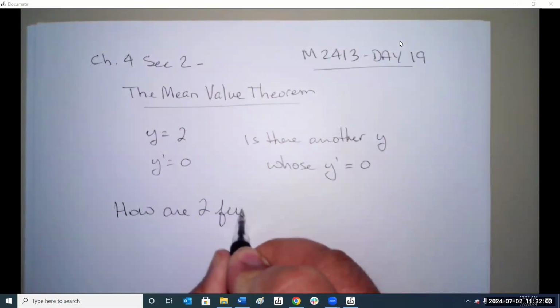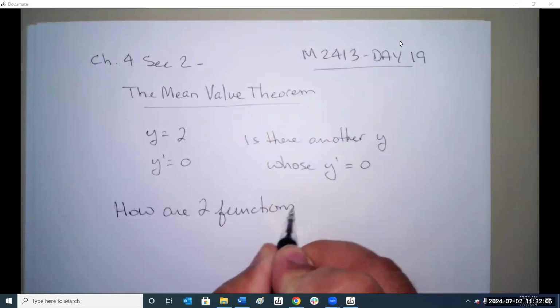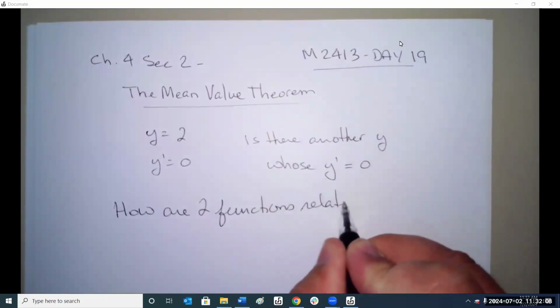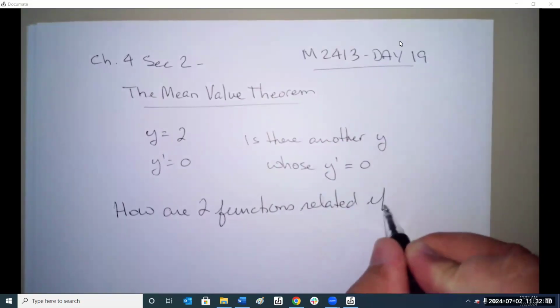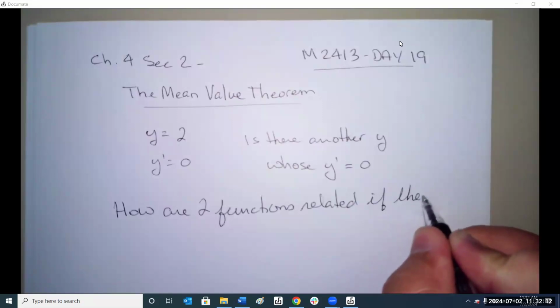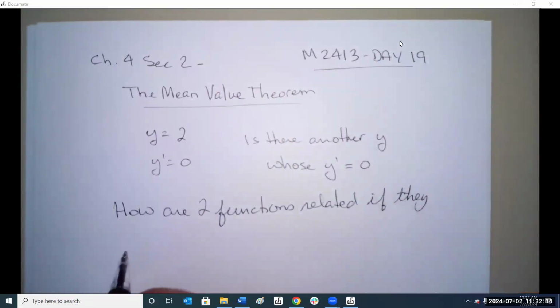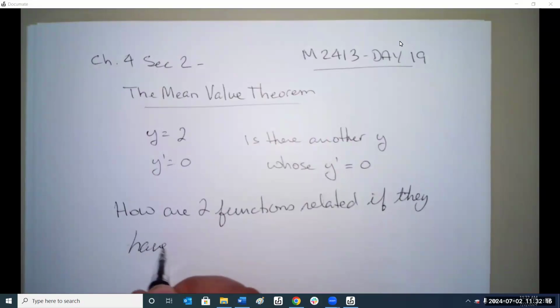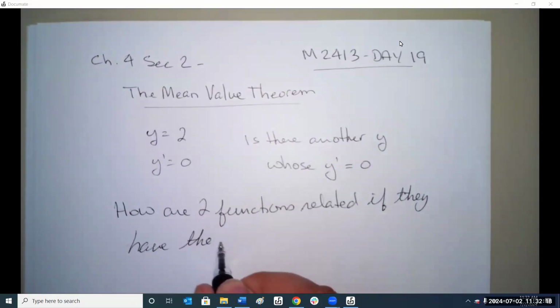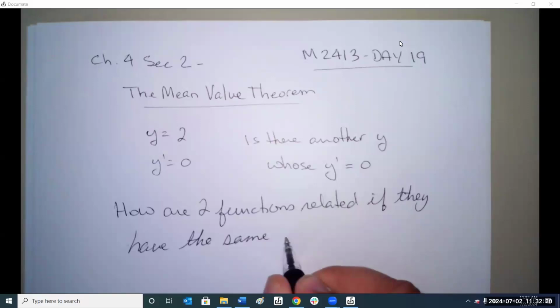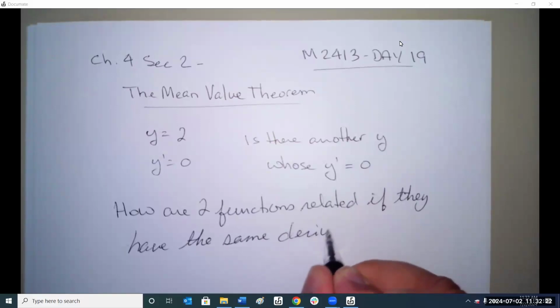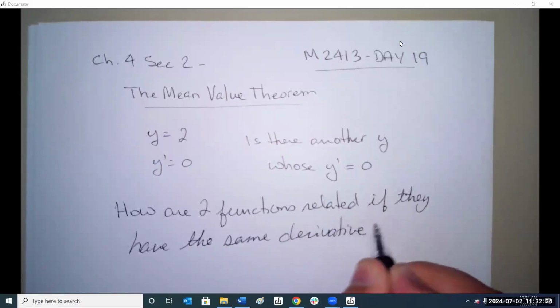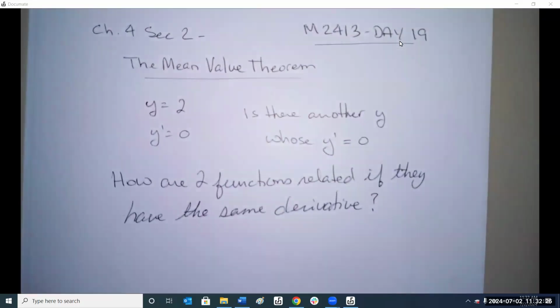How are two functions related if they have the same derivative? That's what the mean value theorem hopes to prove.